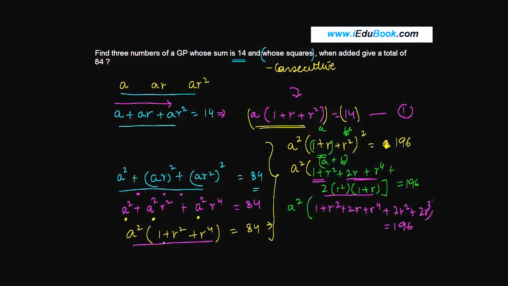Now what do I have here? 1, r square plus r^4, 1, r square plus r^4. So I can write this as a square into 1 plus r square plus r^4, plus a square into the balance 2r plus 2r square plus 2r cube, is equal to 196.